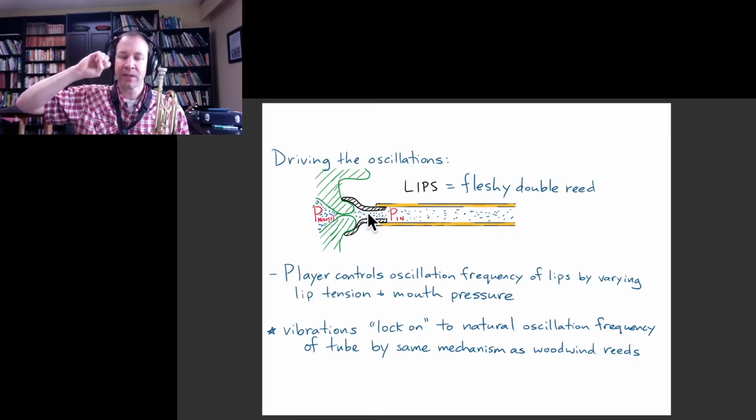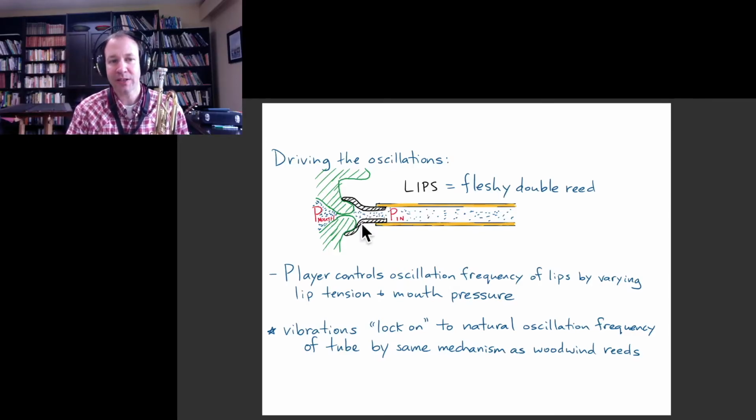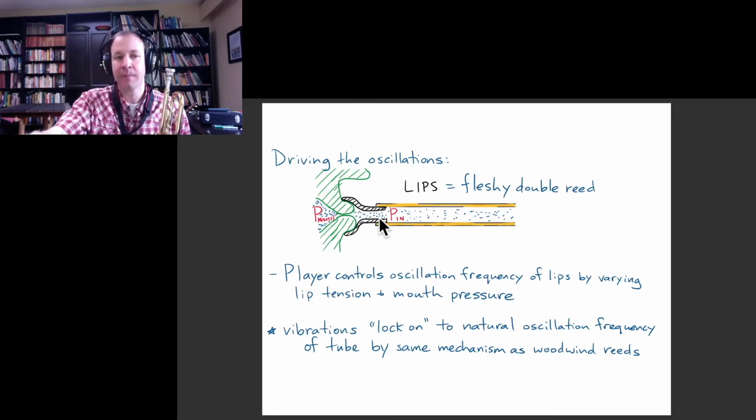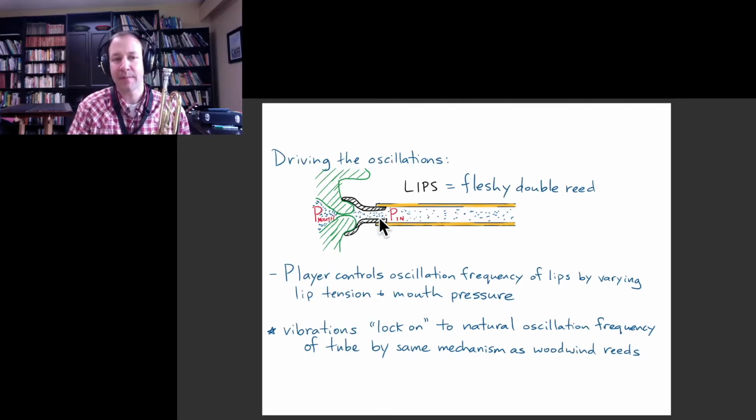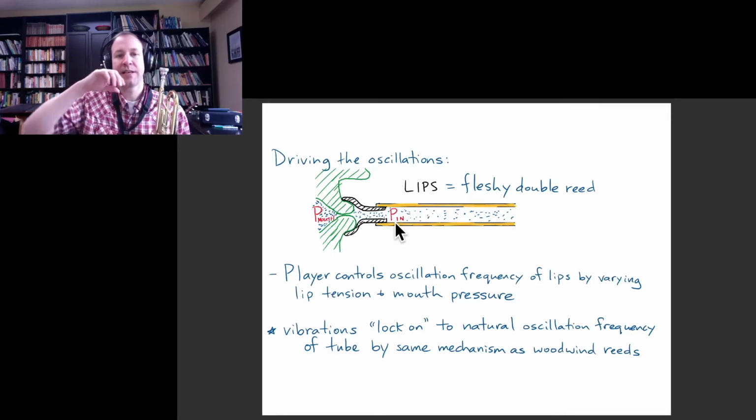Your lips tend to open at the point when the pressure in the mouthpiece increases, and that's when the air jet goes through, and then your lips tend to close at the times when the pressure here drops. So that gives you an oscillation frequency for your lips, which matches the oscillation frequency in the tube already and reinforces that oscillation.